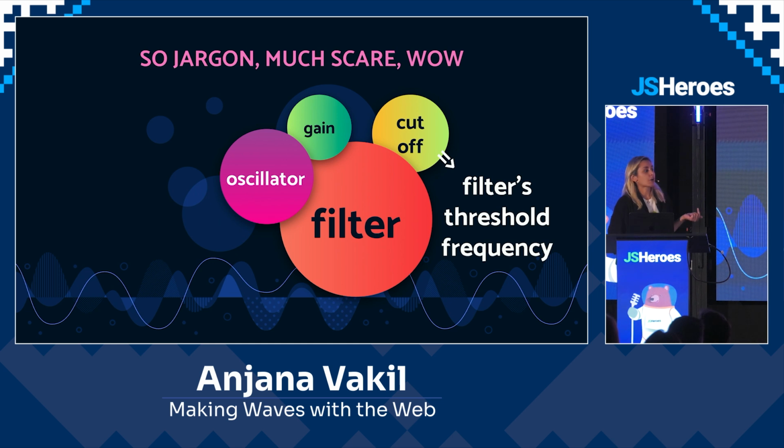Now, most filters are kind of oriented around what's called a cutoff frequency. This is essentially a threshold that's sort of like the test function that we pass into a filter on an array that says, OK, if it's higher than this, keep it. If it's lower than that, throw it out. And so different types of filters operate differently around their cutoff frequency.